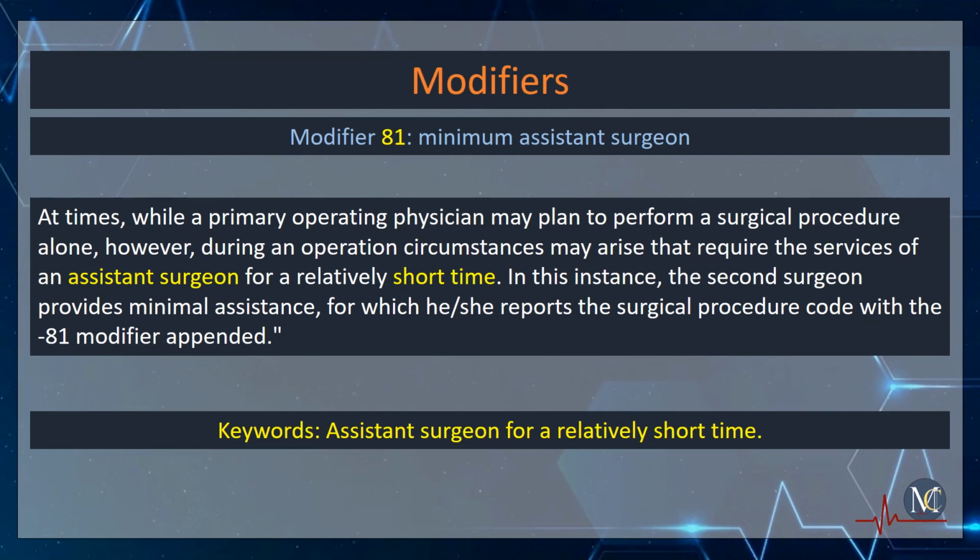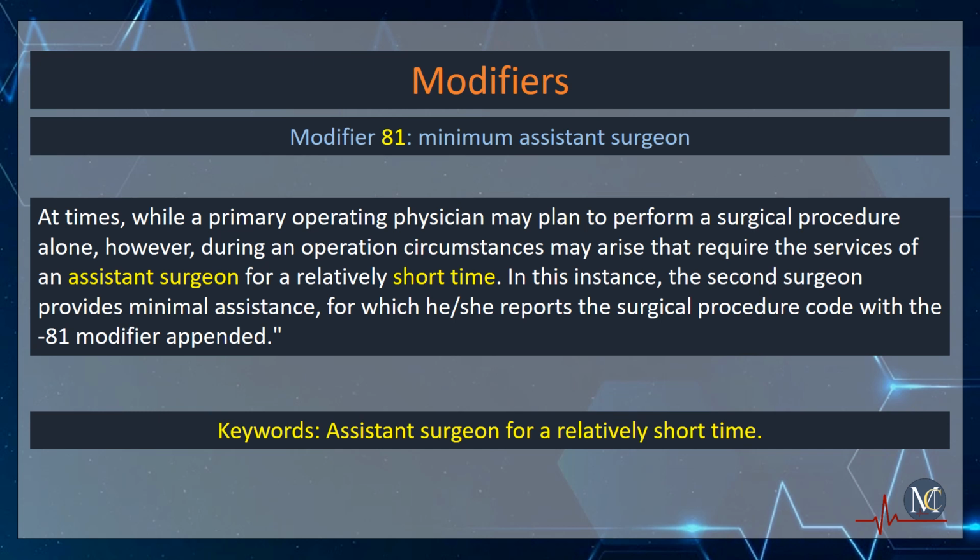Modifier 81. CPT modifier 81 is used when the services of an assistant surgeon are needed for a relatively short time. At times, a primary operating physician may plan to perform a surgical procedure alone, but a minor problem is encountered during the operation. It requires the service of an assistant surgeon for a relatively short period of time. This is considered a minimum assistant surgeon.